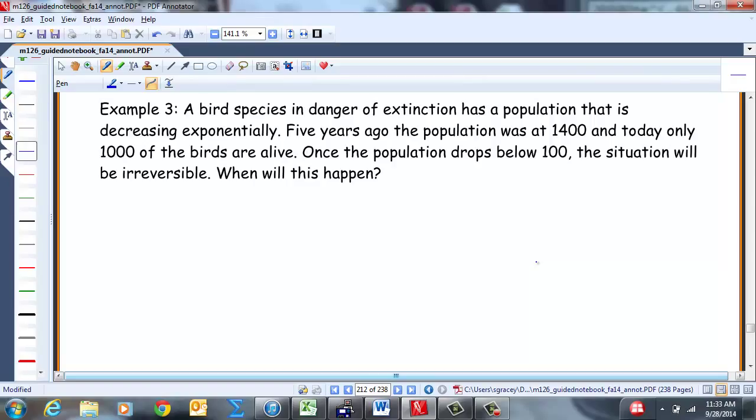So let's do it. Why don't we do P for population, right? So let's just get some initial information. We'll write our general model, okay?